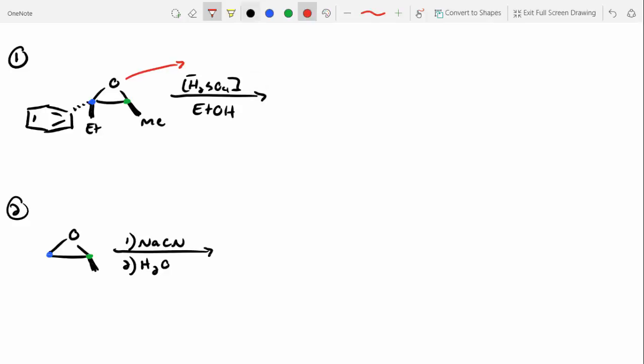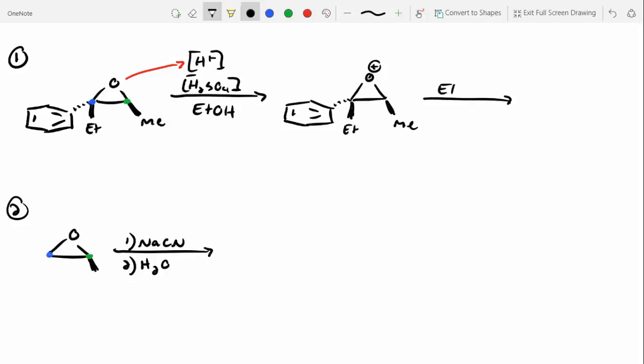So I'm just going to draw this as H+. Now that we've got this protonated, now we've got ethanol. Oops, sorry, I forgot to tag my proton on.